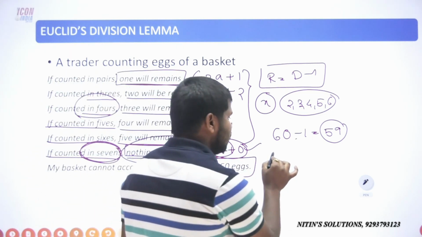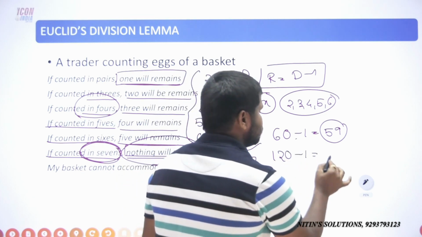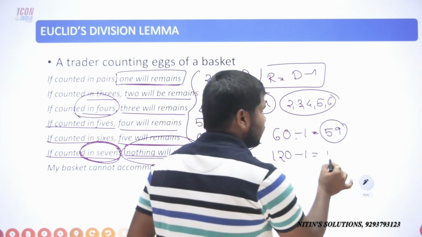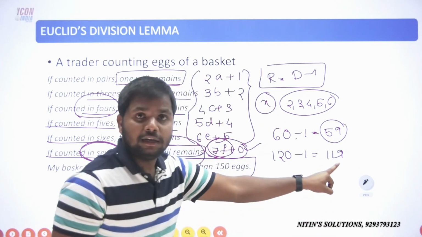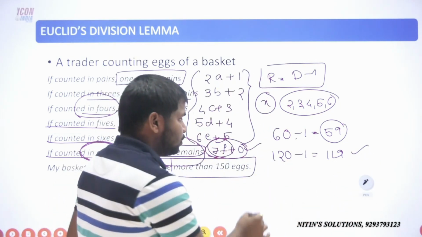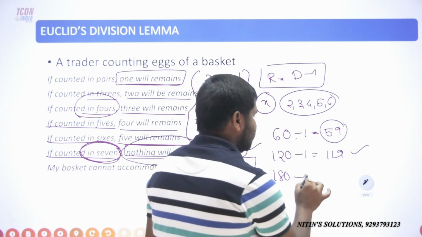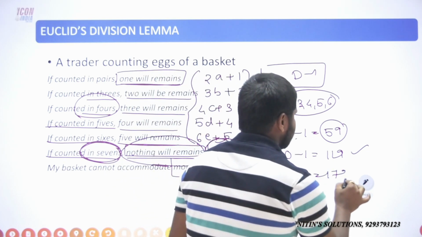Now write down the next multiple. The next multiple is 120. 120 minus 1 is equal to 119. So 119 is a multiple of 7. So it may be possible. Now we will see another number. The next number is 180. 180 minus 1 is equal to 179.